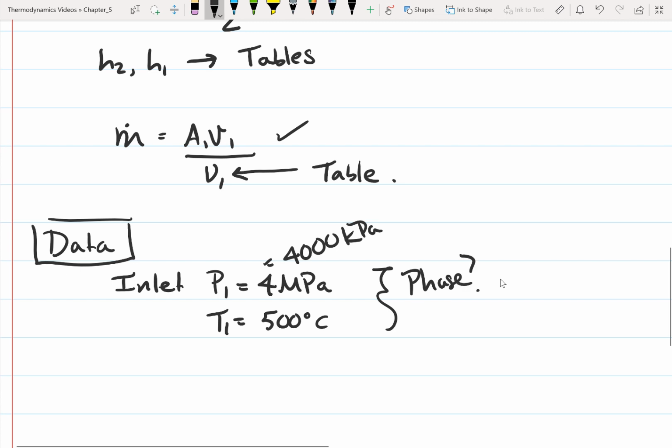So what we're going to do is look up the temperature of saturated liquid at 4,000 kilopascals and compare that to the temperature of our system.